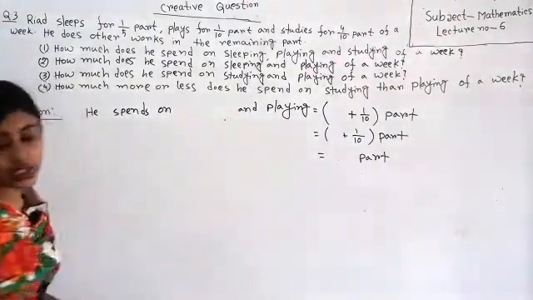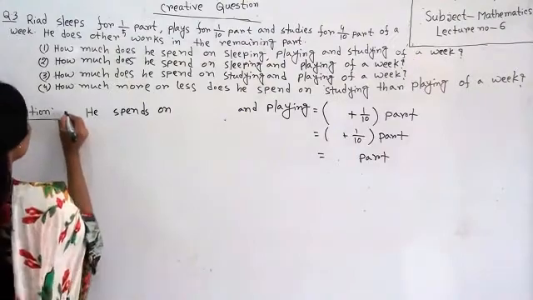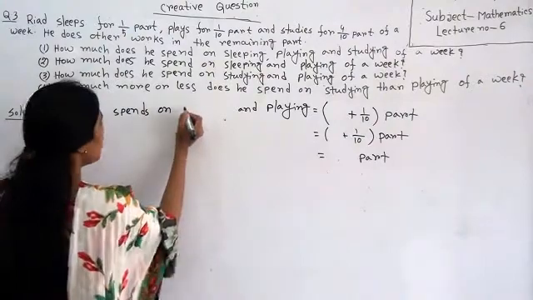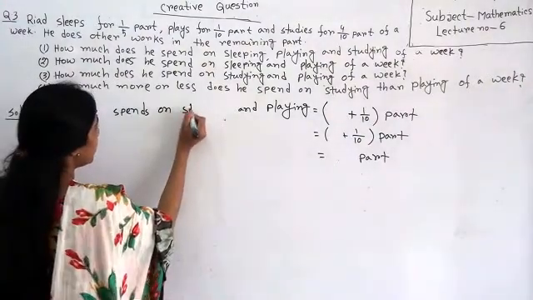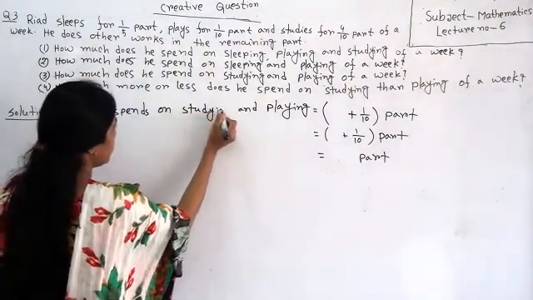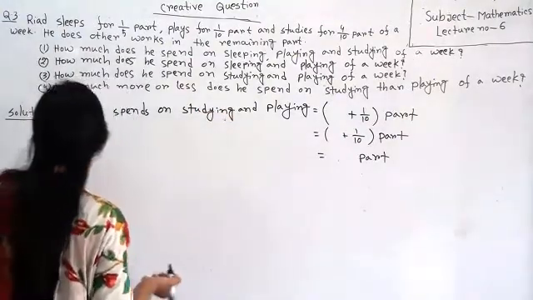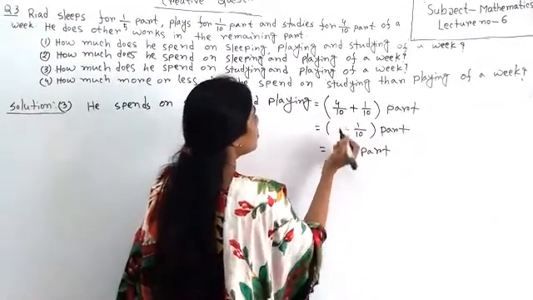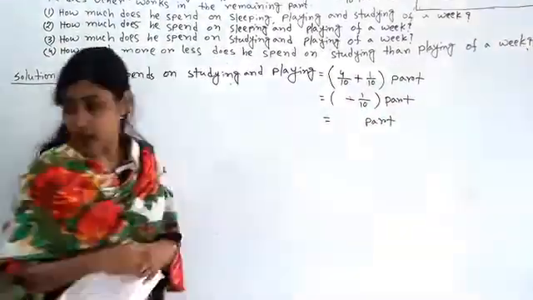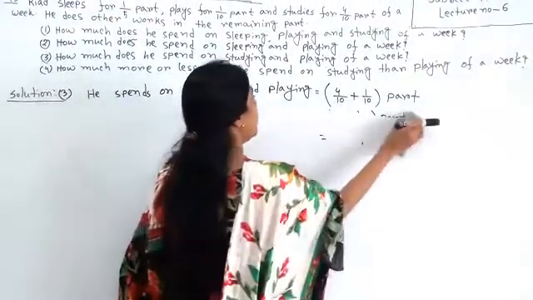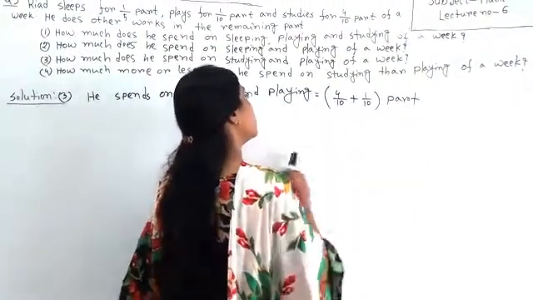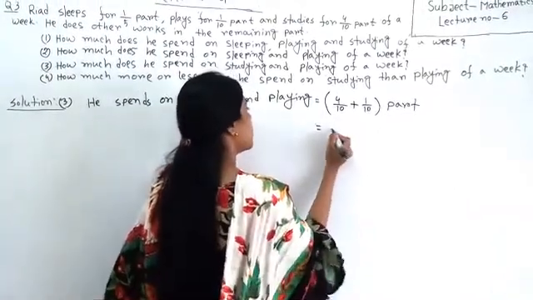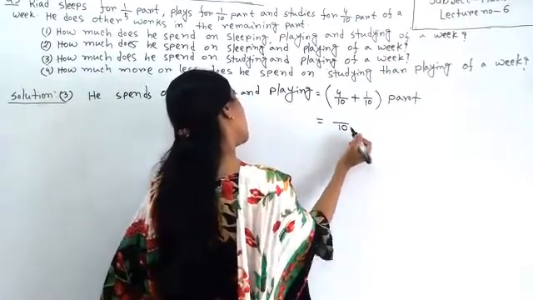Now question number 3: how much part does he spend on studying and playing of a week? Studying is 4 by 10 and playing is 1 by 10. The denominator is the same for both fractions, so 10 is the common denominator.